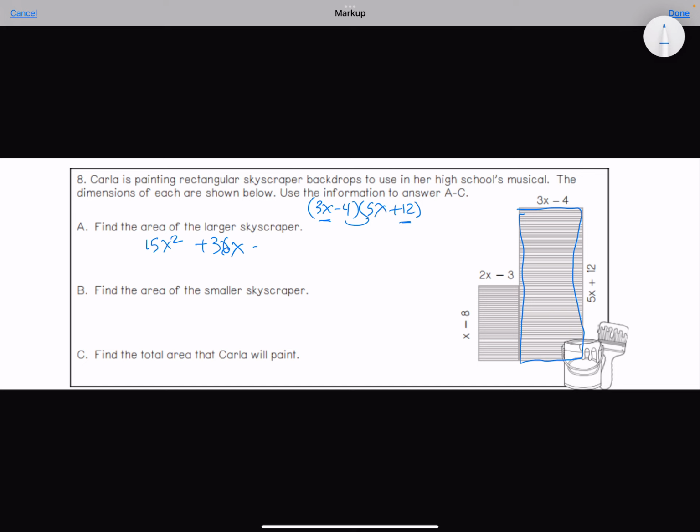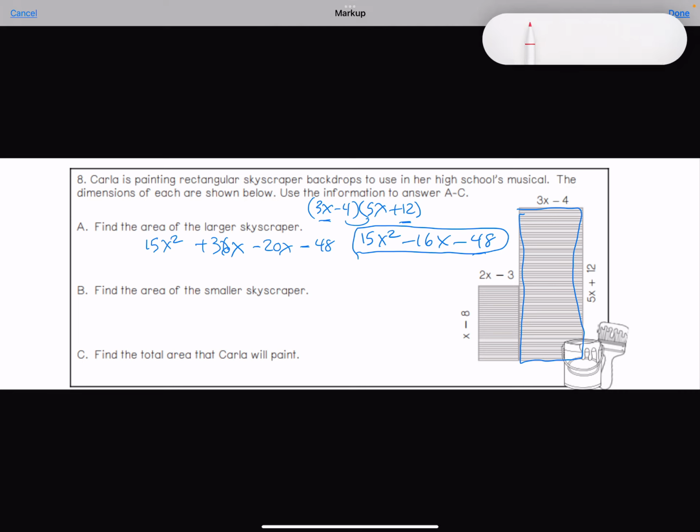Inner terms would be negative 20x. Last terms would be negative 48. Combining like terms would be 15x squared minus 16x minus 48. So this is the answer to A. Find the area of the large skyscraper.